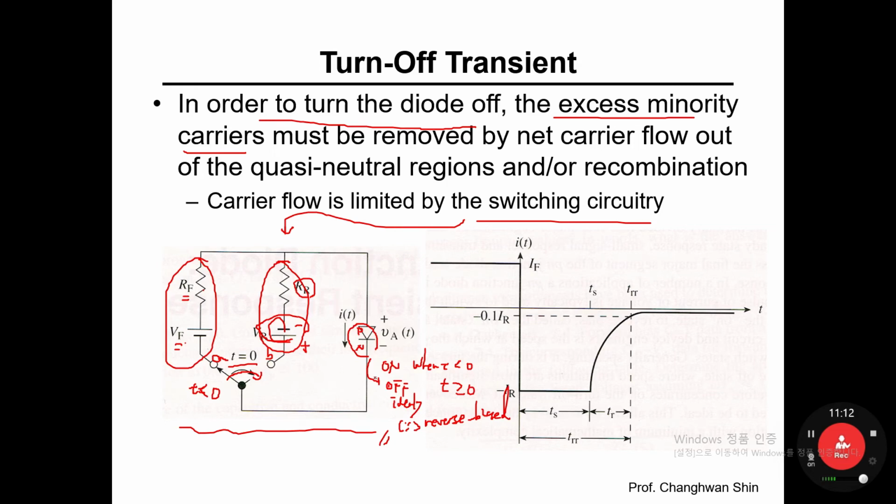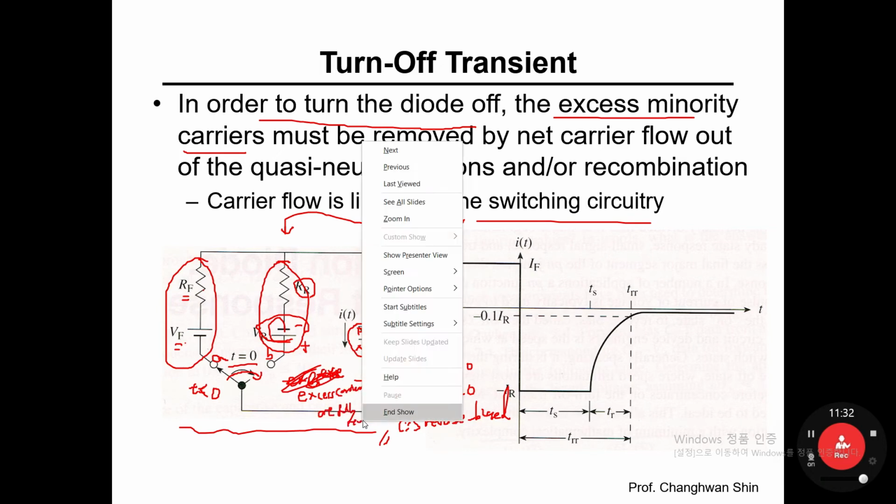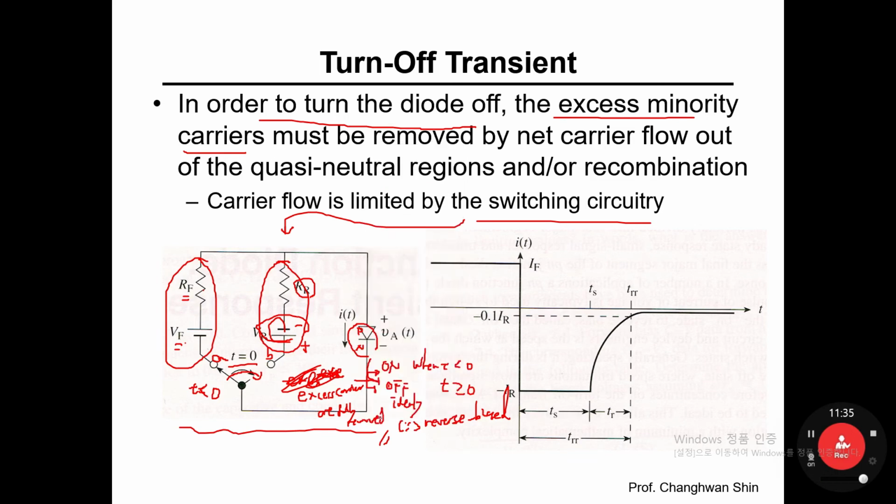But the question is, when the diode is turned off, would the excess carriers be fully removed right at time 0?